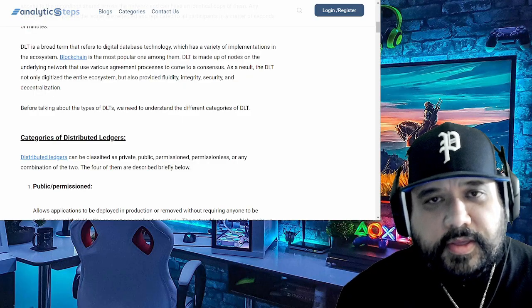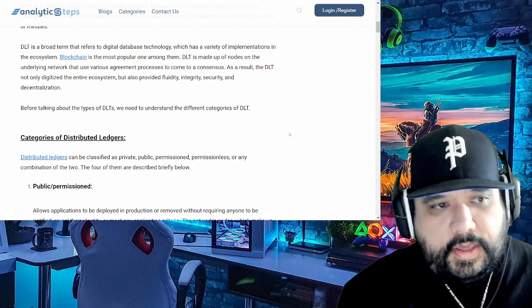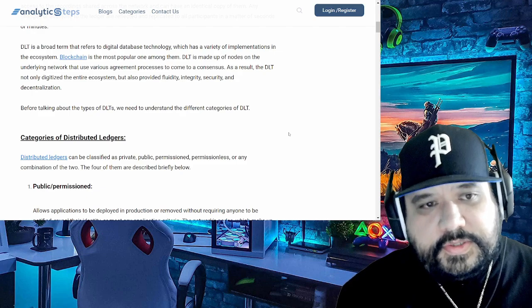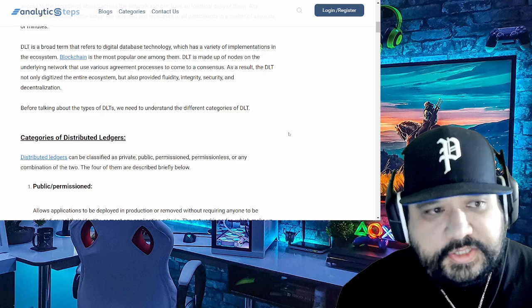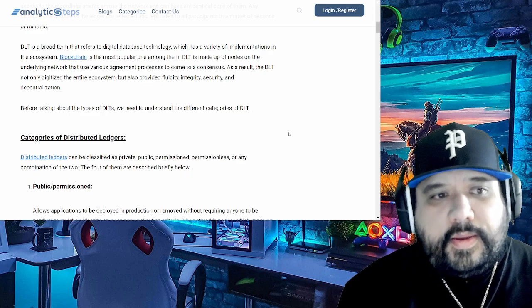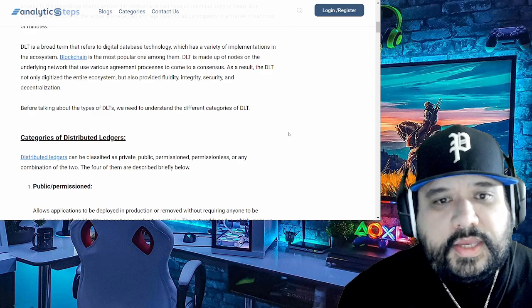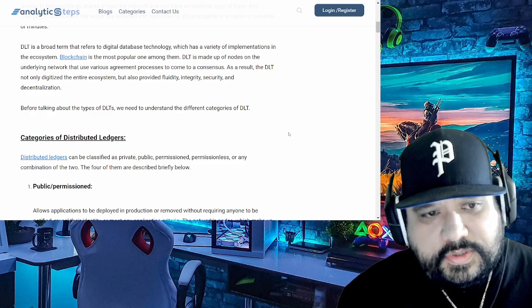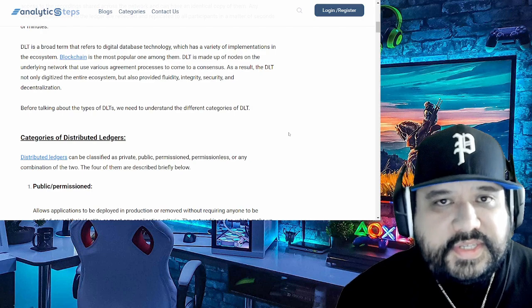All right, welcome back. So if anything, let's talk briefly about this right here. And that is, like it shows, DLT is a broad term that refers to digital database technology, which has a variety of implementations in the ecosystem. Blockchain is the most popular one among them, like we outlined at the beginning. DLT is made up of nodes on the underlying network that use various agreement processes to come to just that, a consensus.